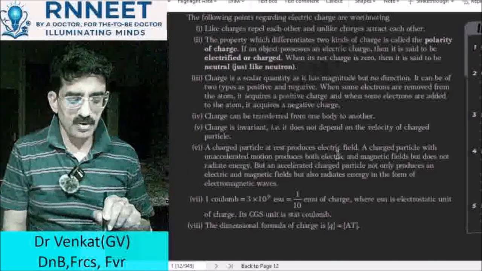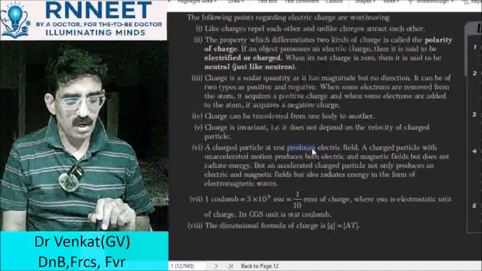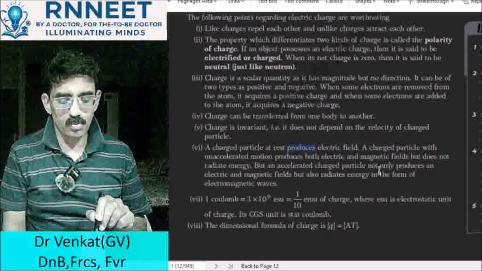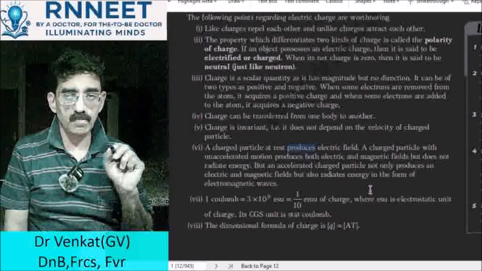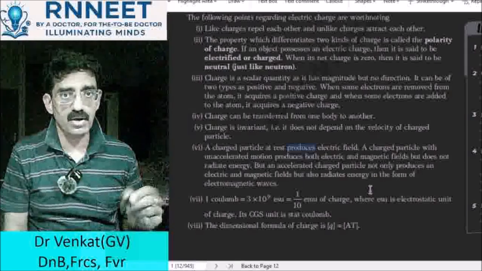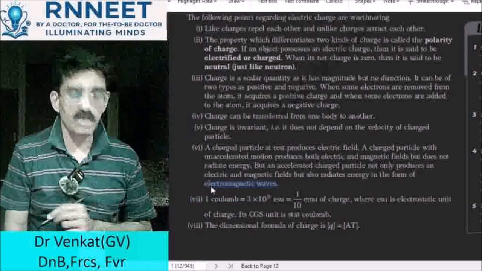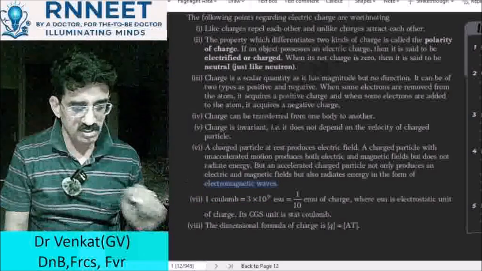A charged particle at rest will produce an electrical field. A charged particle in motion will produce both magnetic and electrical fields. But when a charged particle is accelerated, it will produce electromagnetic waves. So very nice points that we revised.